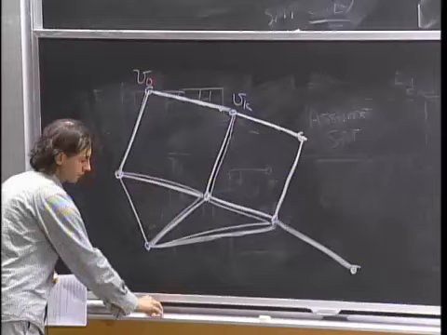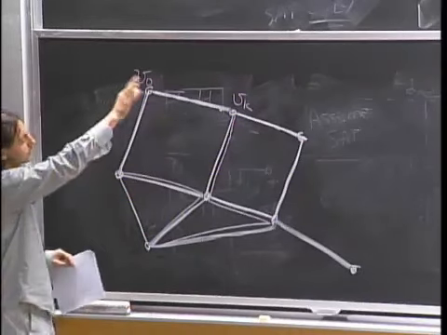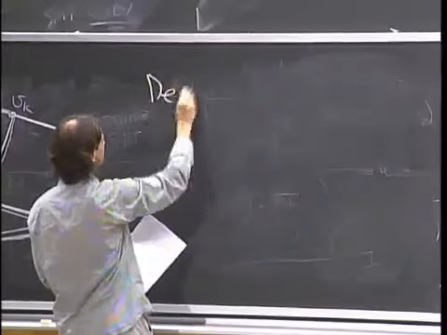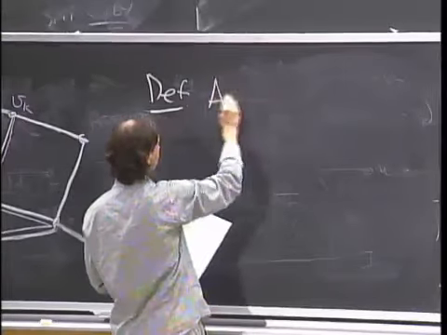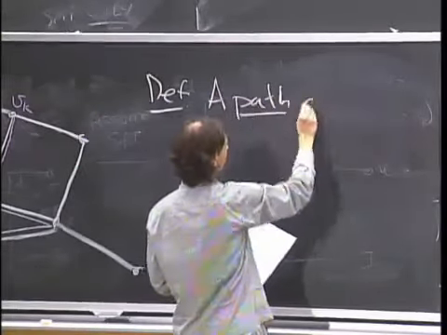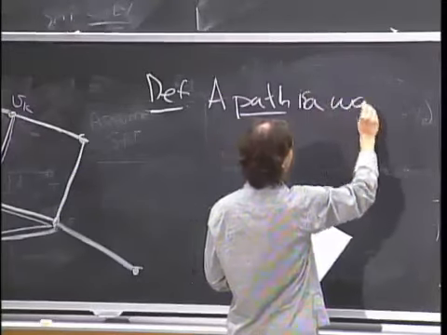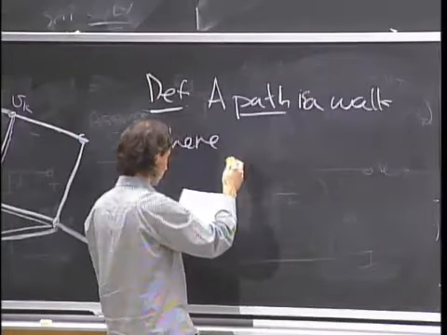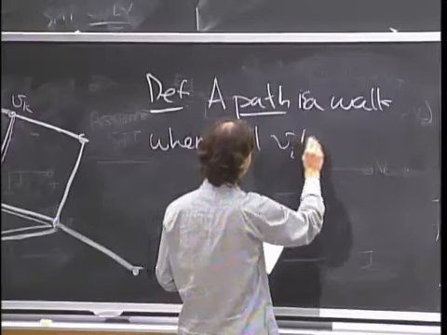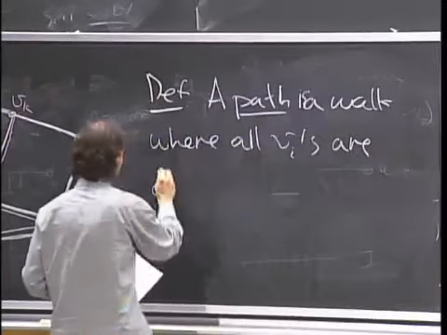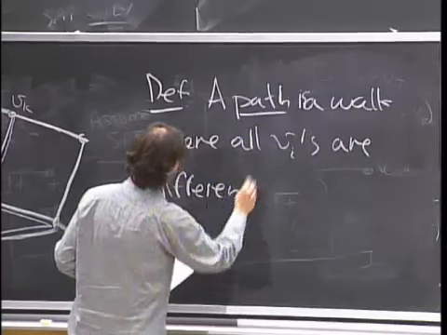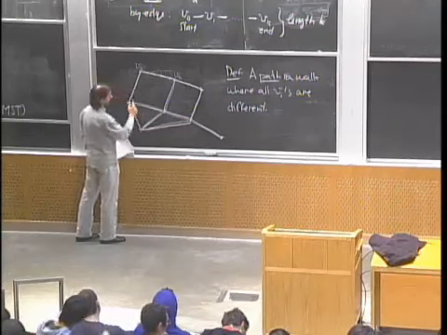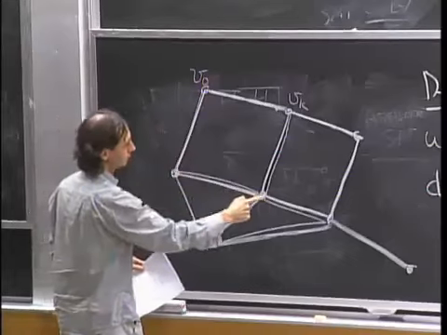If you talk about the path, then we really want all the different vertices not to occur twice. So let's define this. A definition is that a path is actually a walk where all vertices, the vi's, are different. And in this particular case, if we strip off this part over here, you will get a path from v0 to here, to here, to here.